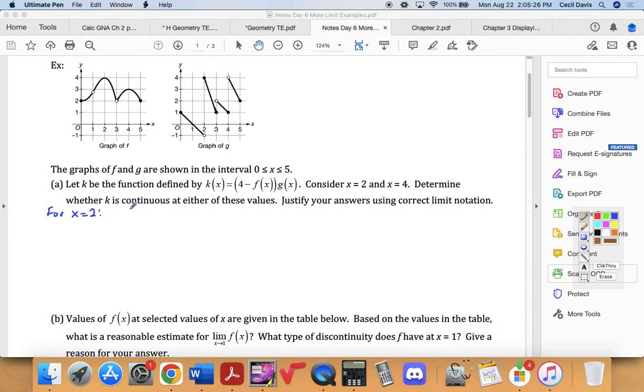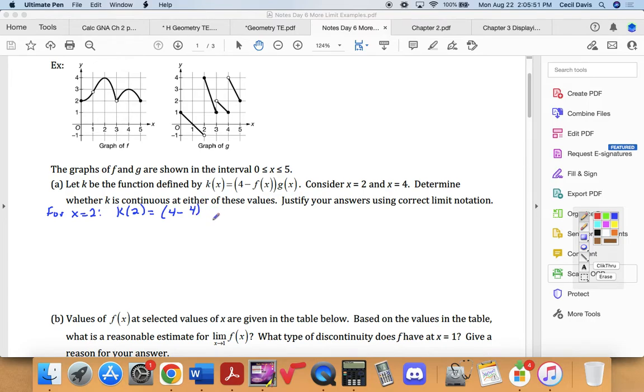So first thing I'm going to do is figure out, well, what is f of 2? Oh, sorry, not f of 2, k of 2. My fault. We want to know if k is continuous. k of 2 is going to be equal to 4 minus, what is f at 2? 4.